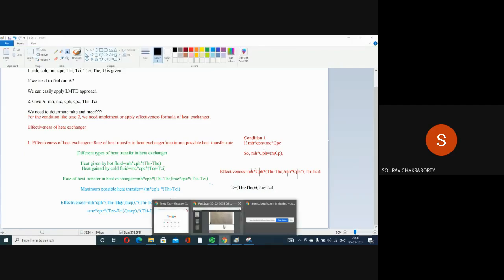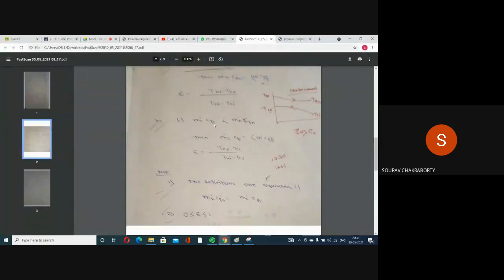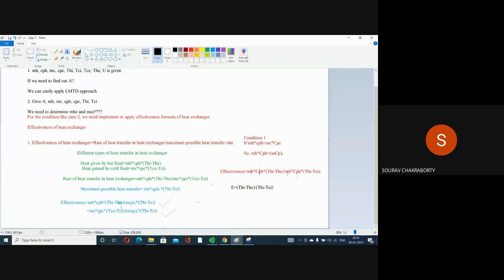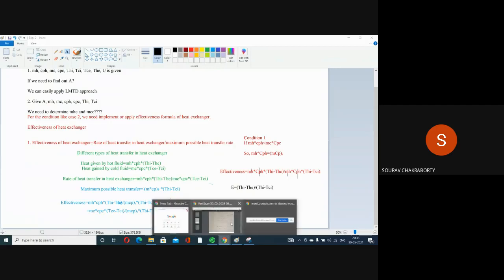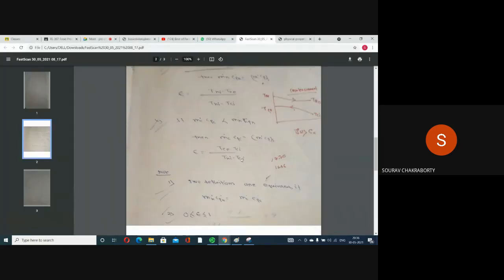Secondly, if your condition is that MCCPC is the smallest one, in that case MCPS will be MCCPC. Similarly, we put the value in the second expression and obtain the final expression for effectiveness. This is for the second case.